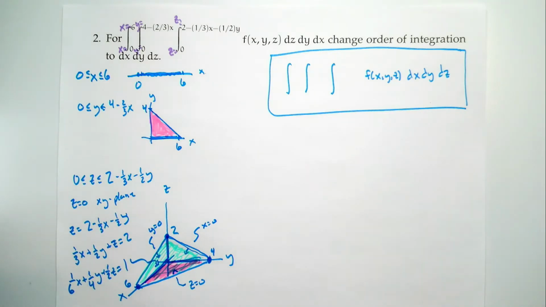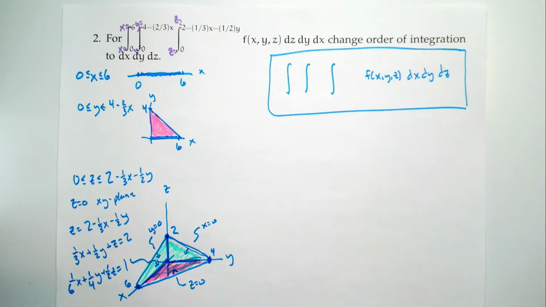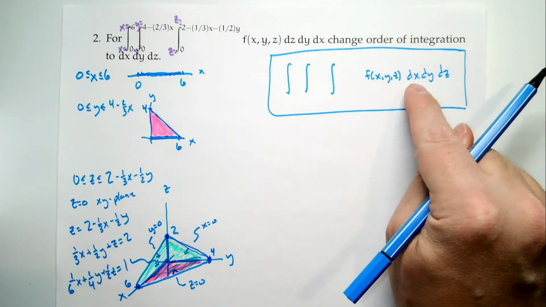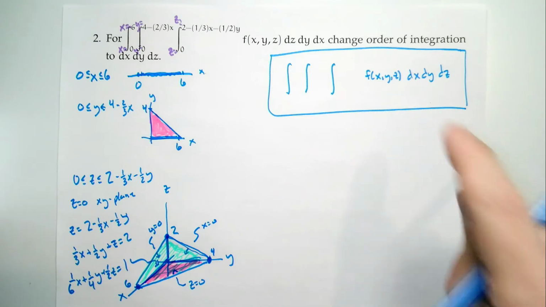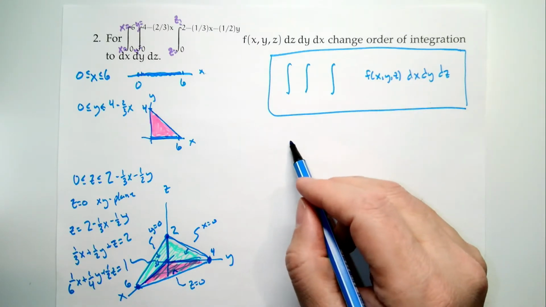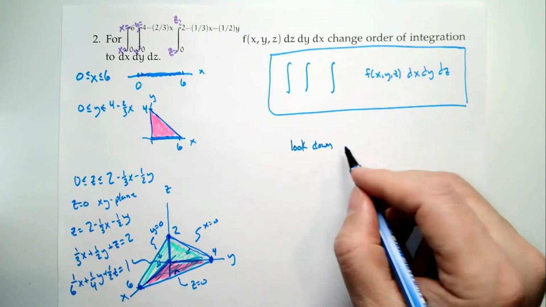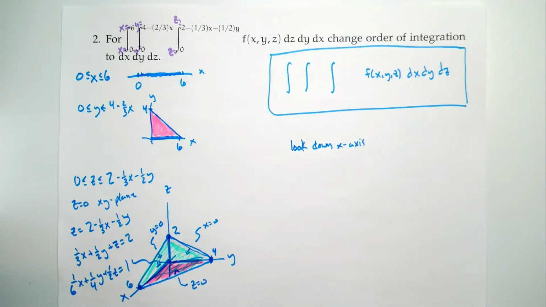Now we just got to start thinking about how do we get our new bounds. So, dx, dy, dz. My innermost layer is x. So if I'm thinking about the bounds, I'm going to look down the x-axis because I want to figure out that axis last. So we're going to look down the x-axis, and if we look down the x-axis, what do we see?